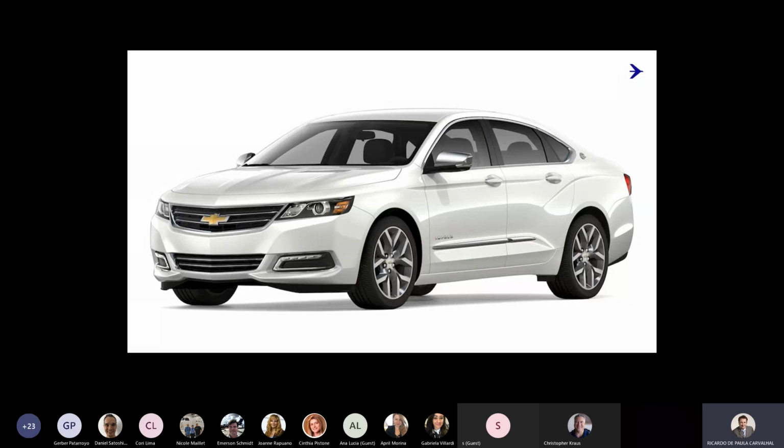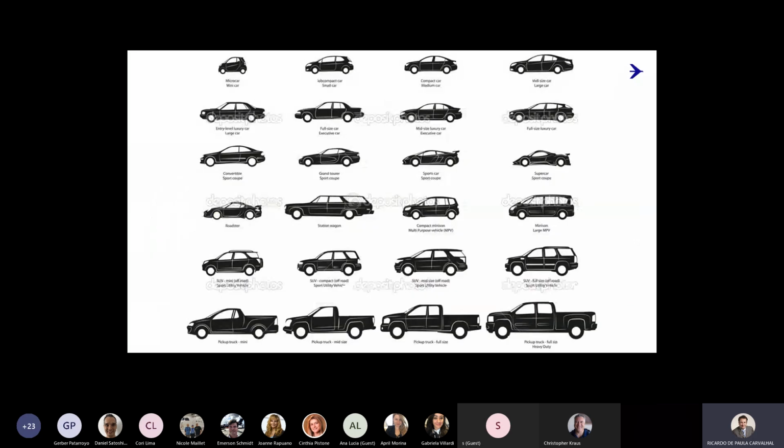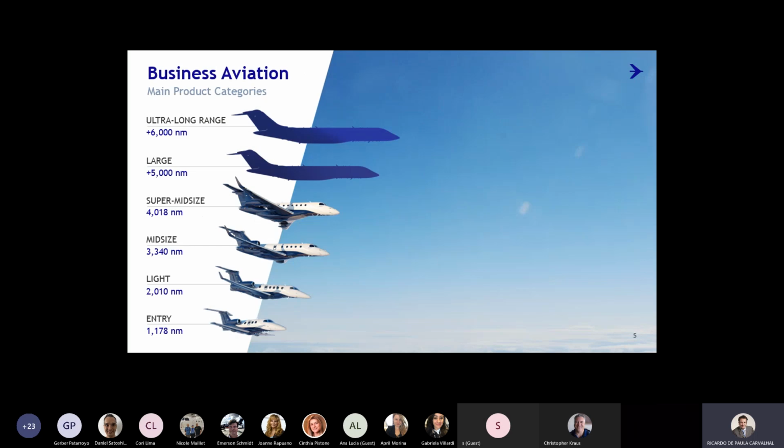With airplanes, this is not very different, but what I would like to tell you is how it works. You can see here all the different classes of car that exist. So I'll try to explain to you how it works in business aviation. What you see on the screen are the categories we have today in our marketplace.